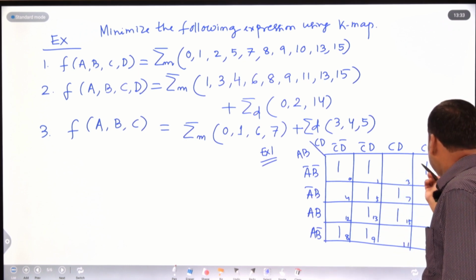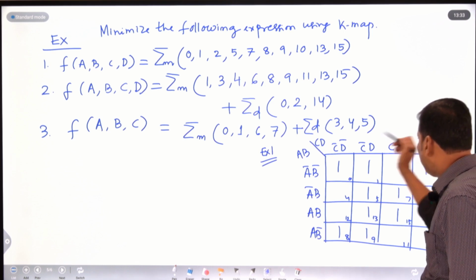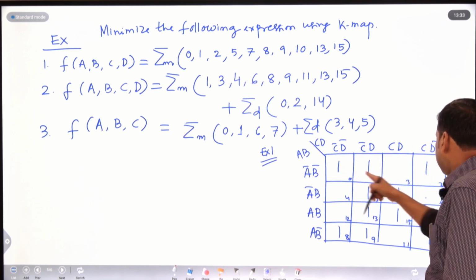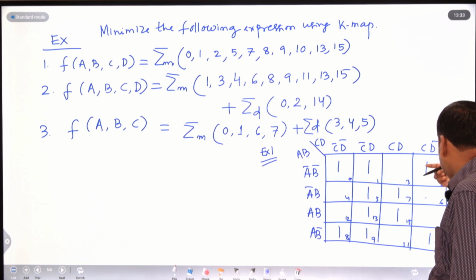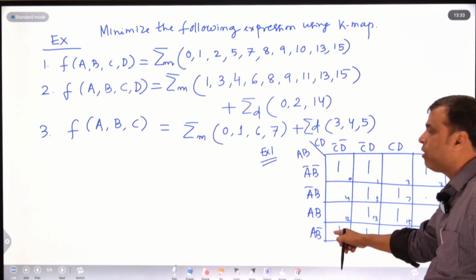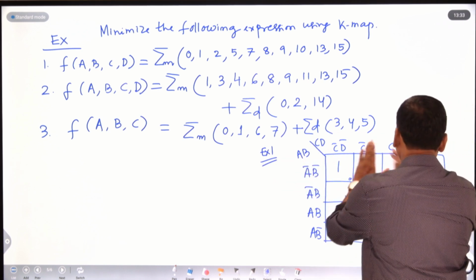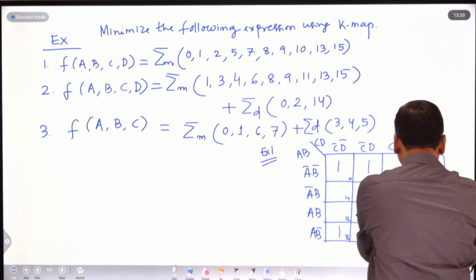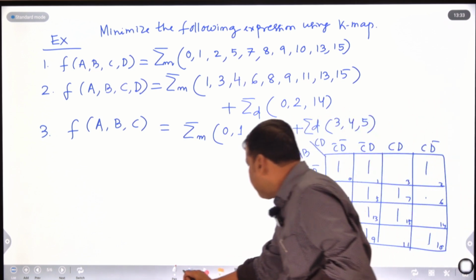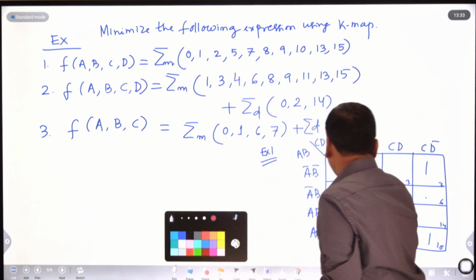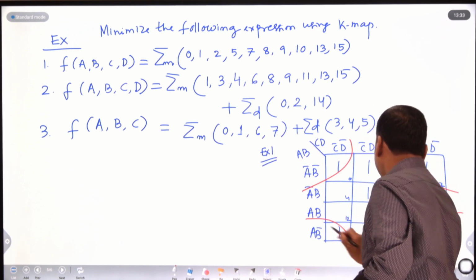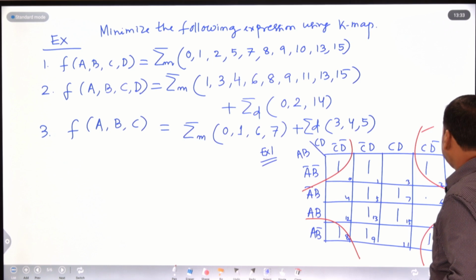If you roll, this one is adjacent to this one, and this one is adjacent to this one. So I will form a group. The 4 corners form 1 group, that is a quad. 4 1s form 1 quad. This is your group 1.